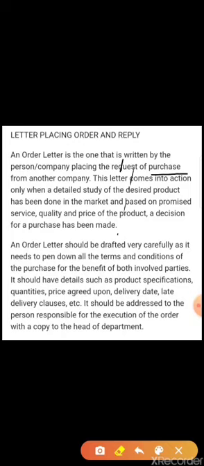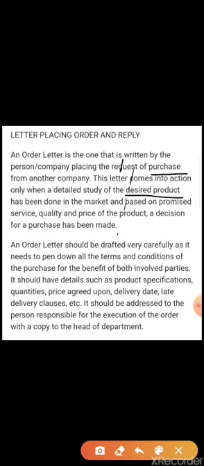When do we write this letter? When we have done the detailed study of the desired product. Desired product here means the product which we want. Then we made a decision, let's purchase it.